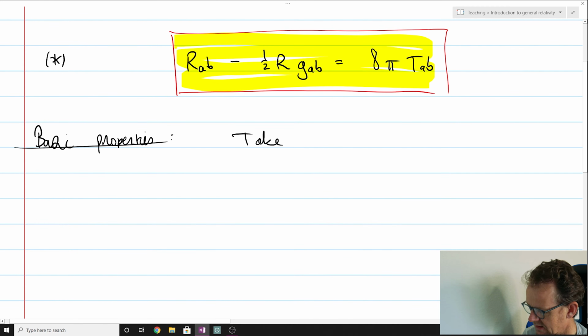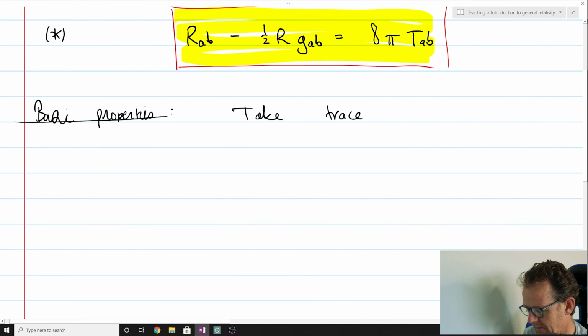So what's the first basic tensor operation you can take when you have a tensor? If you look at Einstein's field equations, what do we have? On the left hand side, we have a rank 2 tensor. On the right hand side, we have a rank 2 tensor. When you have a rank 2 tensor, you can always take the trace, contract it with a metric, and that's a legal operation. And what do you get?